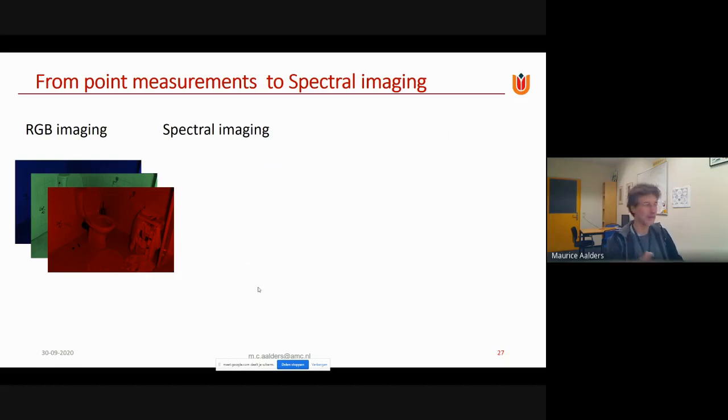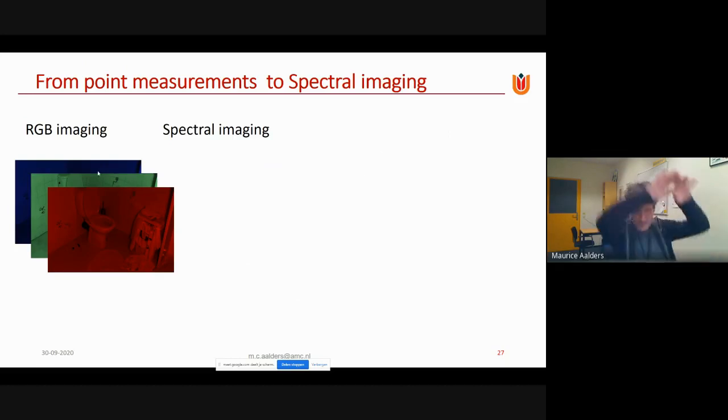There are 2 green pixels, 1 blue pixel, and 1 red pixel, and these 4 pixels make 1 color pixel. So the resolution is basically a quarter of what you may think. And the 2 greens are there because our eye is much more sensitive to green light than to blue or red. So that's a little bit of the balancing of the image.